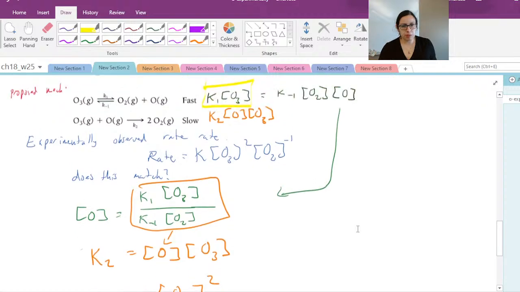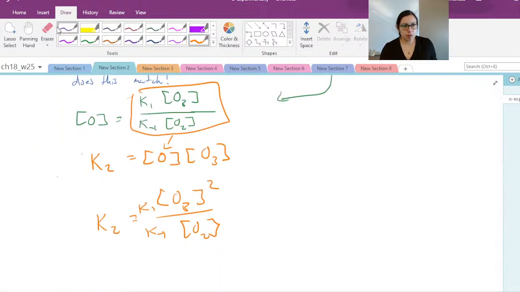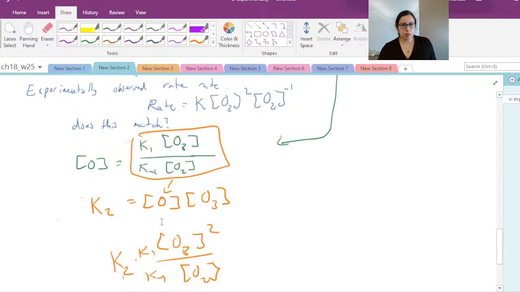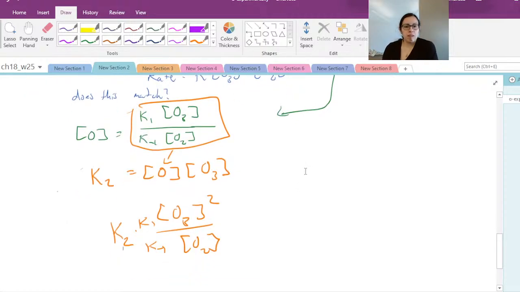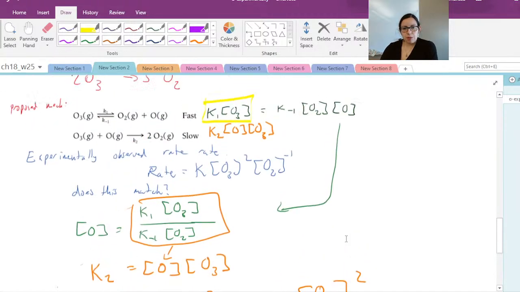Sorry, I think I did something wrong. I just wanted to have K2. Sorry, K2 times this. So we're substituting, so yeah, K2 times this. And then it simplifies to K. And then yes, matches with our overall rate law that we were given.